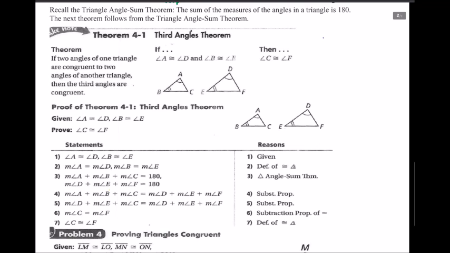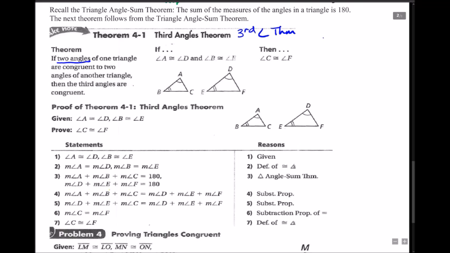Let's do our theorem for this section. This theorem uses the triangle angle sum theorem as its proof. So this one will be fun. Our theorem is called the third angles theorem. Let's see what it says.